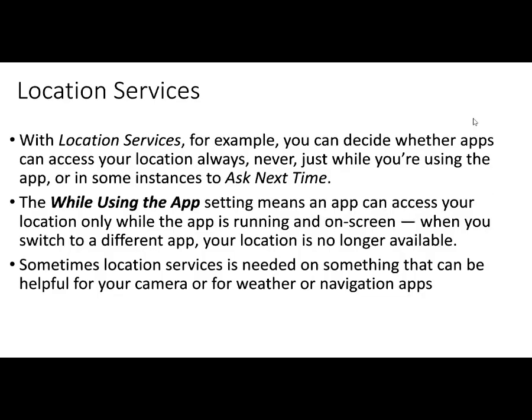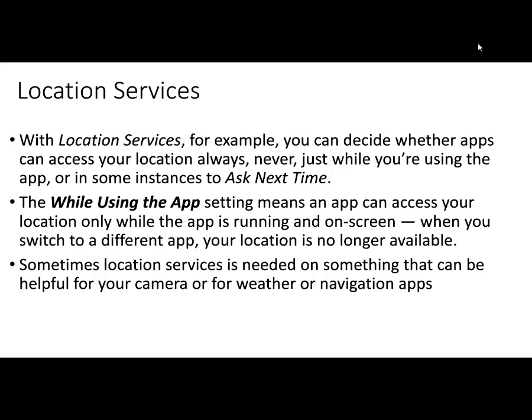So the next topic is location services. The reason why I'm doing all those 3 topics is because they all go hand in hand. All of these 3 topics that I'm talking about today have to do with privacy and have to do with applications asking you for permissions for certain things.